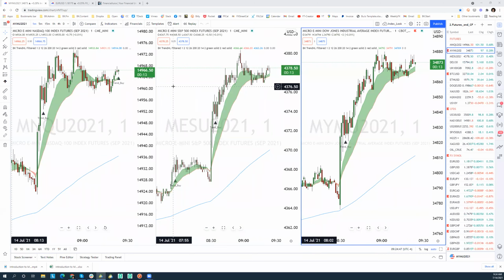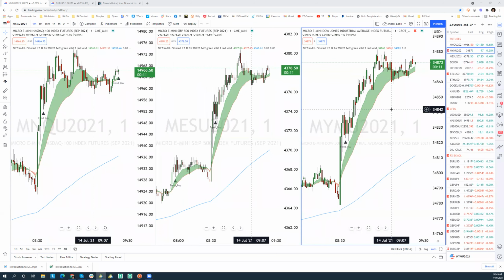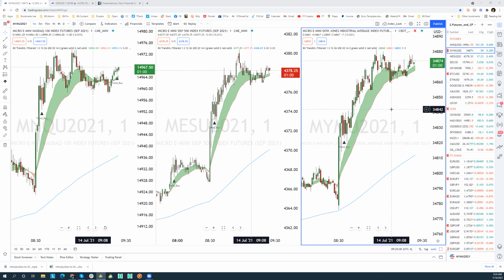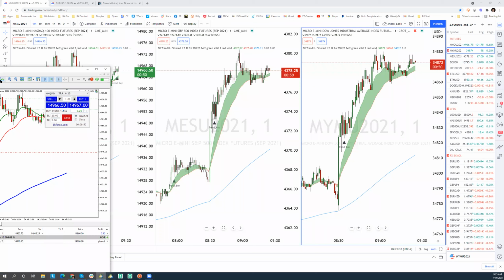Pre-open. I kind of front run this candle. If you want to follow me here, I'll just put a sideline here, and we'll see if we can get 70 on this move.